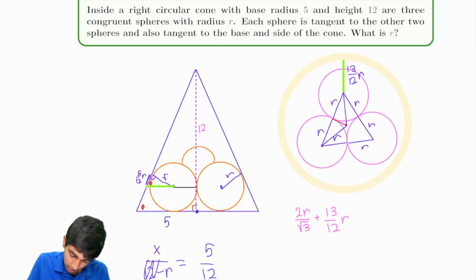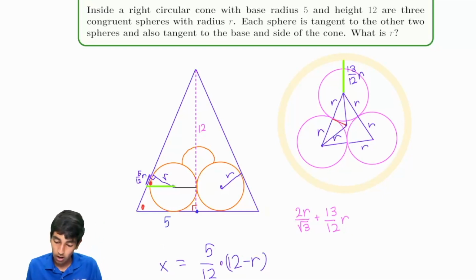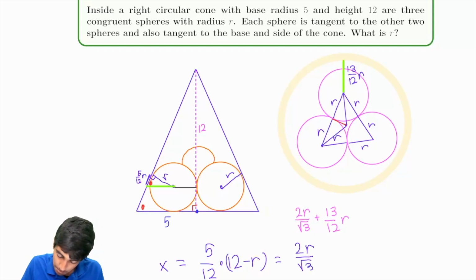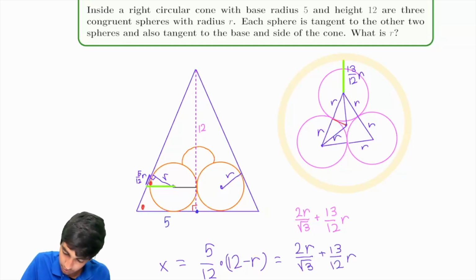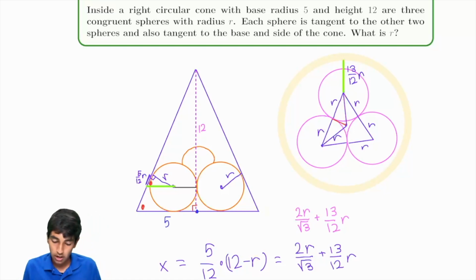And solving for this, we just get x is just this quantity here, 5/12 times 12 minus r. But x is also equal to this, 2r over root 3 plus 13/12 r. Remember, we found this was 2r over root 3, and this was 13/12 r. And this was x, or what we called x.